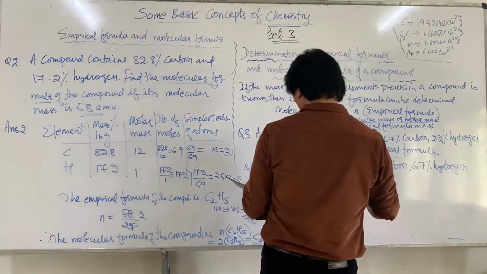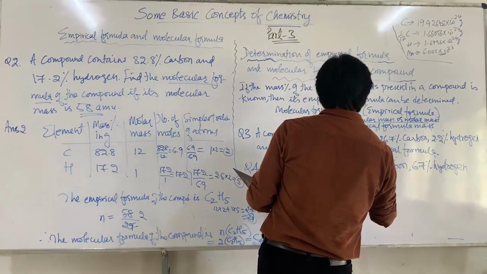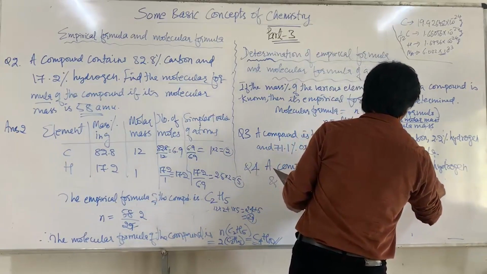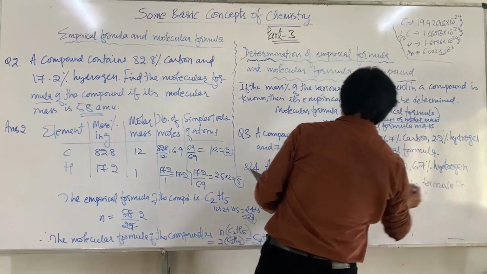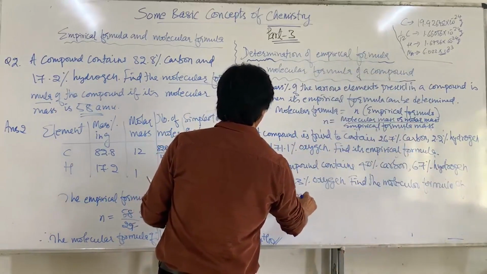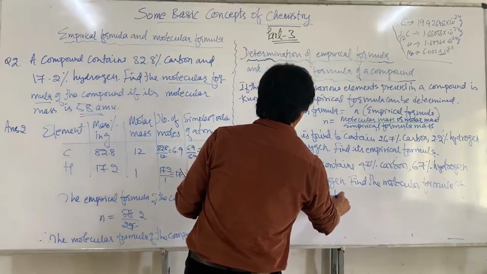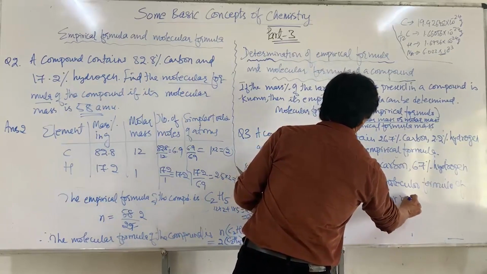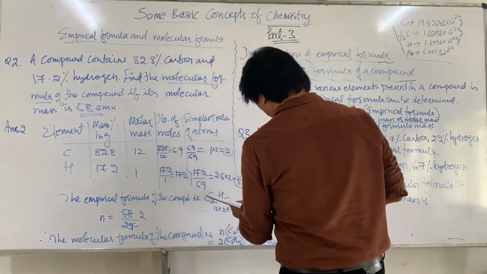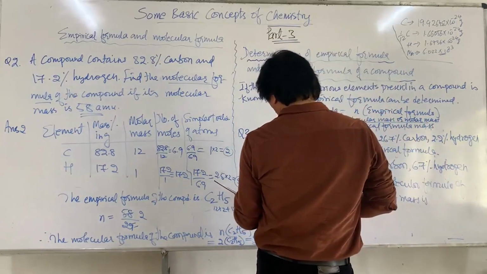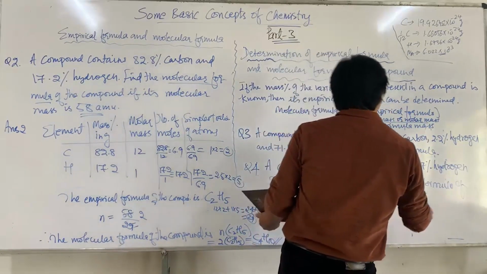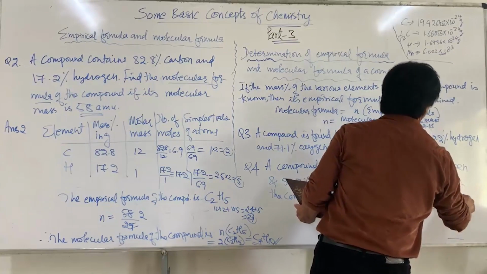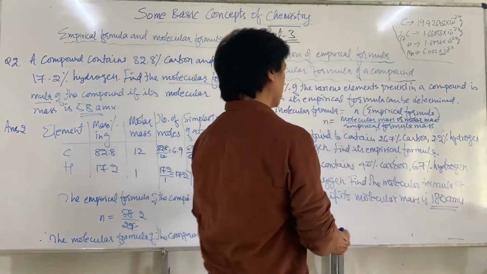Now find the molecular formula of the compound if its molecular mass is 180 AMU, or you can also write U, that is unified mass.